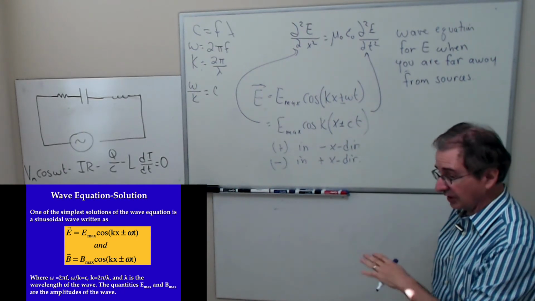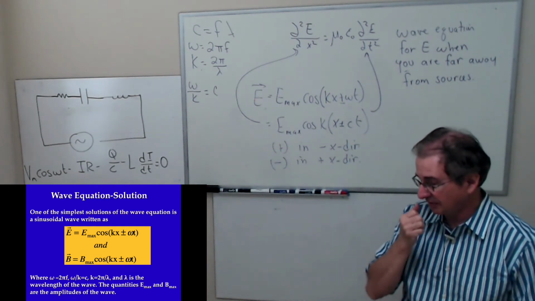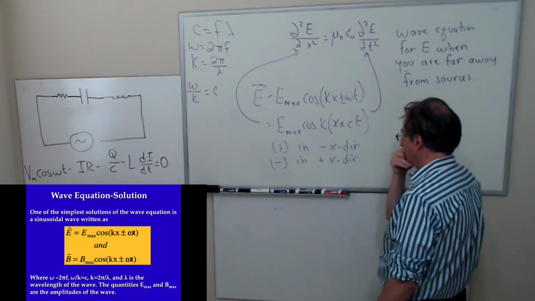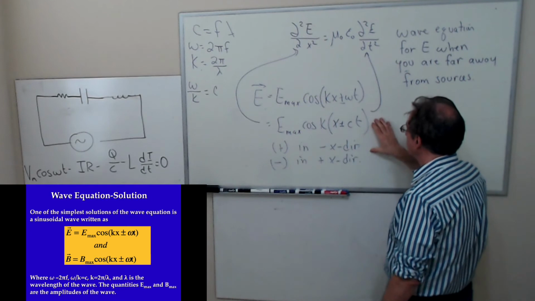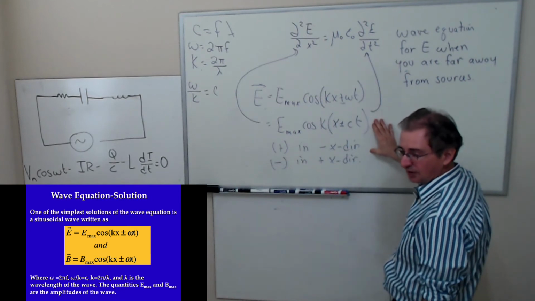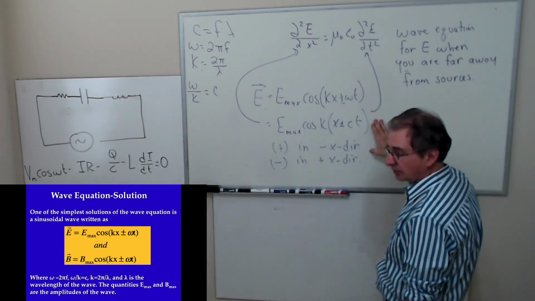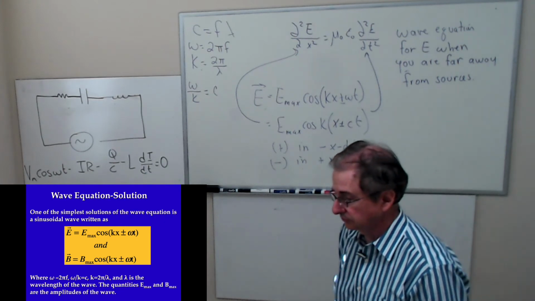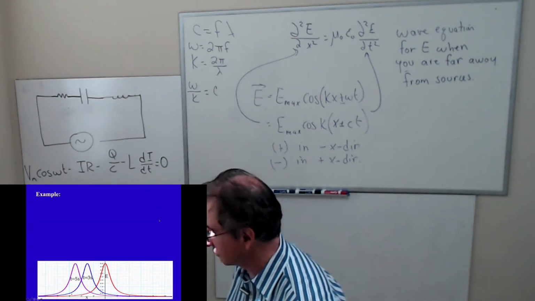And then you can see why this one's a minus when it's in a plus x direction. Okay, so these are the solutions. These are the systems we want to look at, because most sources oscillate sinusoidally with time. And your job is to be able to verify that those are the solutions.